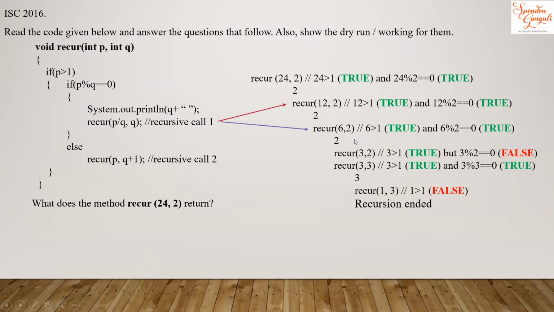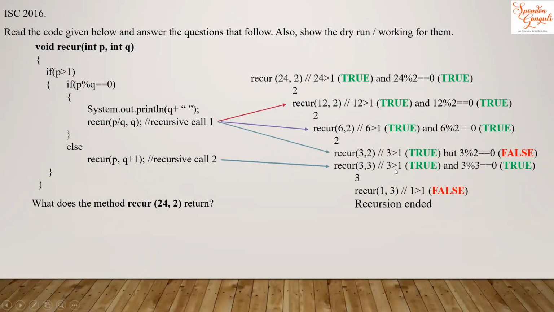Same thing repeated. Condition 1, condition 2, both true, printing the value, and calling recursive function 1 once again, this time with 3, 2. The first condition holds true, but the second condition becomes false. So it goes to the else block and the second recursive function call takes place, 3, 3.